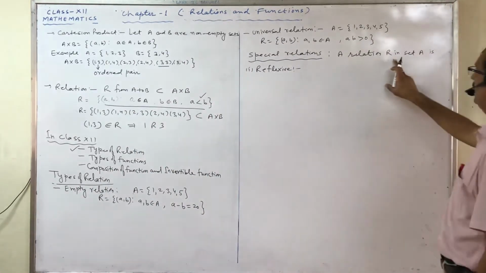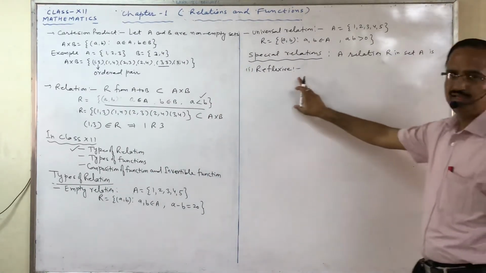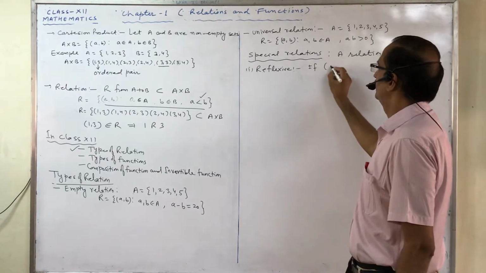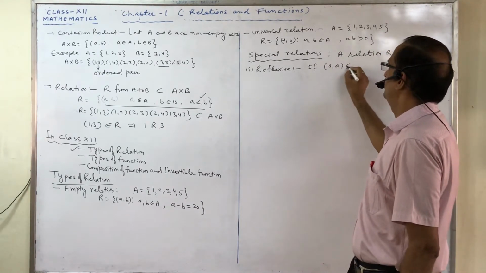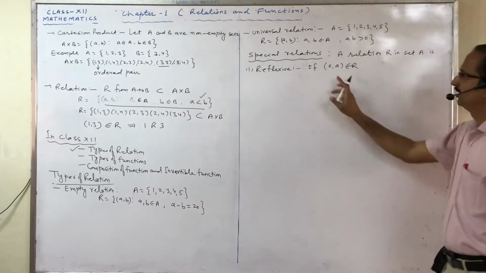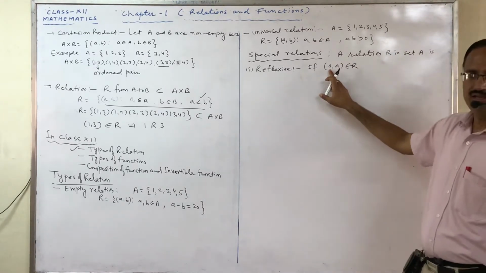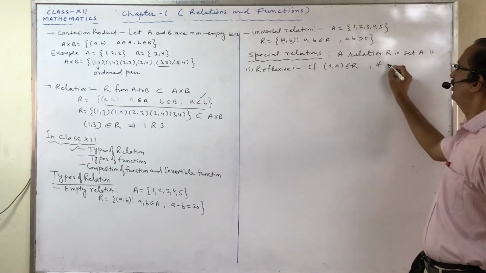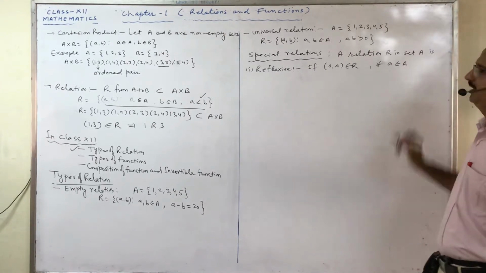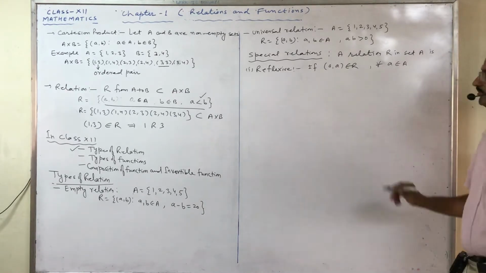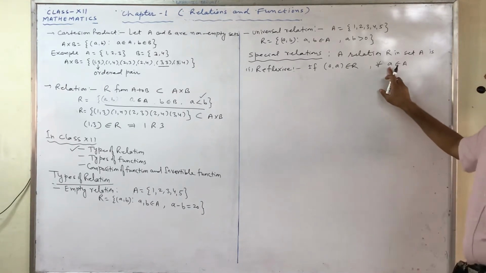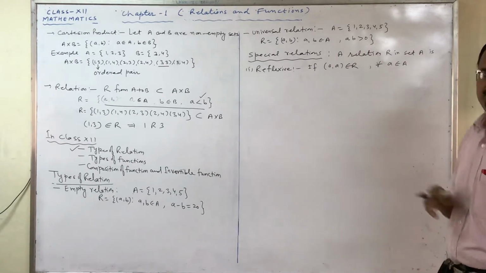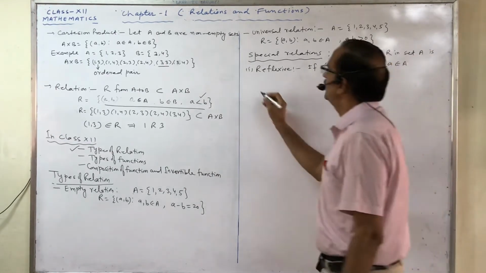So our relation R in set A is reflexive if (a, a) belongs to R, means the element is related to itself, for all a belongs to A. So every element a belongs to the non-empty set A. So this type of relation is called reflexive.